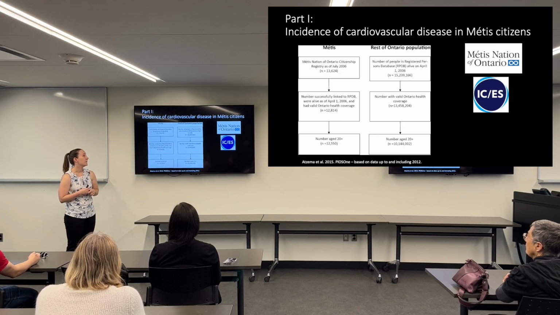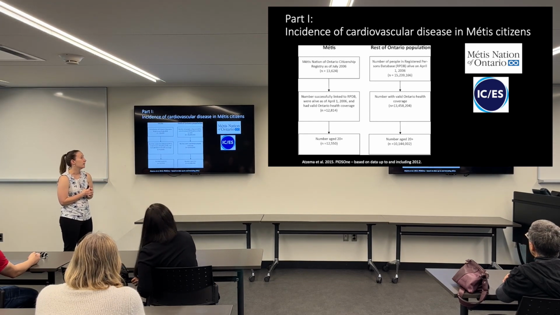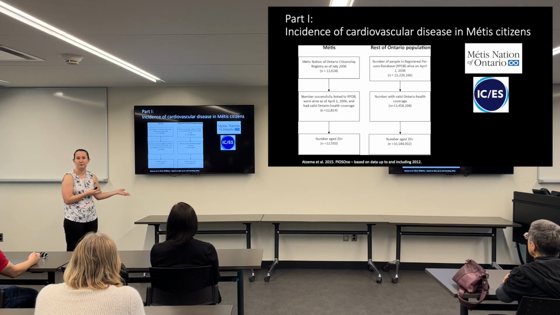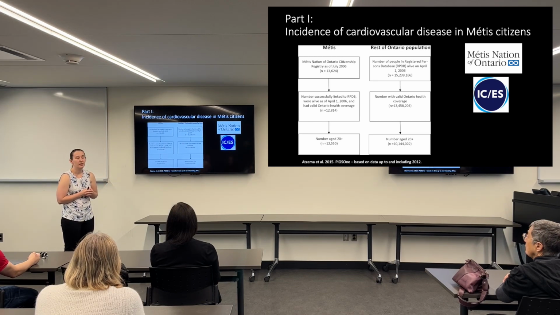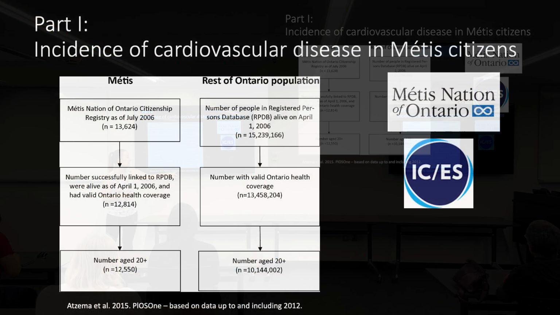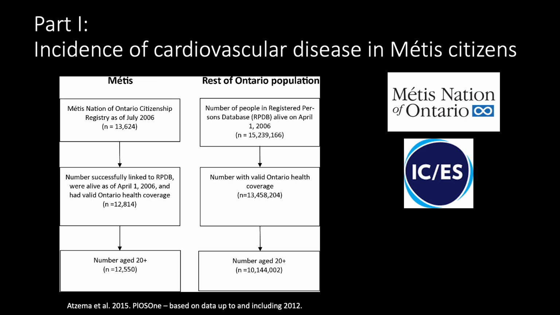It's focused on Métis citizens, and what was previously reported, and would probably come to no one's surprise, is that cardiovascular disease is much, much more prevalent in many indigenous populations. And so this study focused on just the Métis Nation of Ontario, up to 2012. And what you do in this kind of situation is you collect what's called registry data.